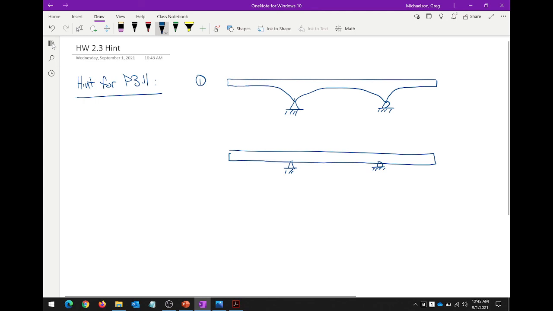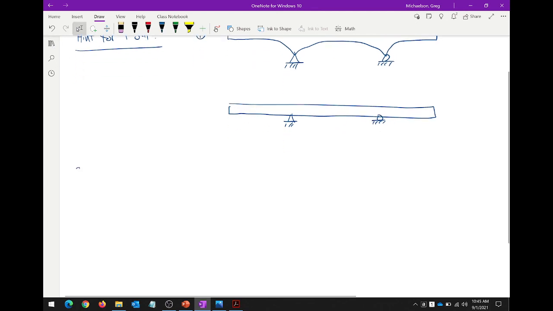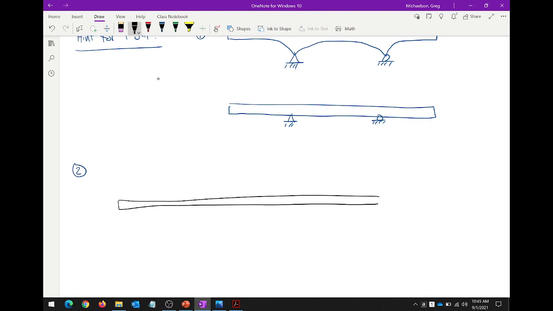But the real thing I wanted to get across for the hint is this. There is a load on the beam, and please do not quote me on the dimensions or the numbers because I don't remember them offhand. That's why I put it in the text of the homework assignment.